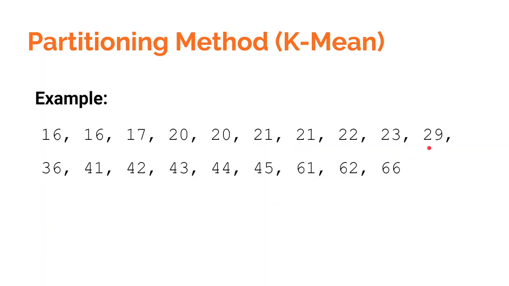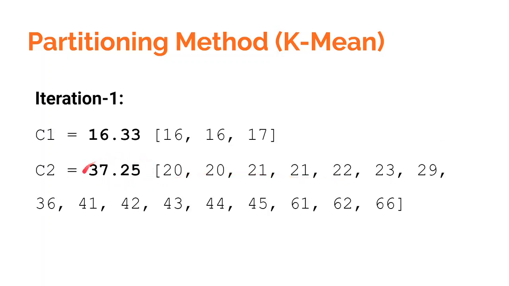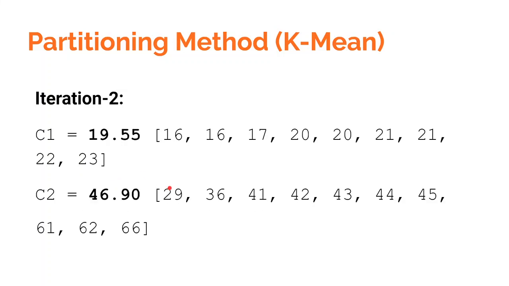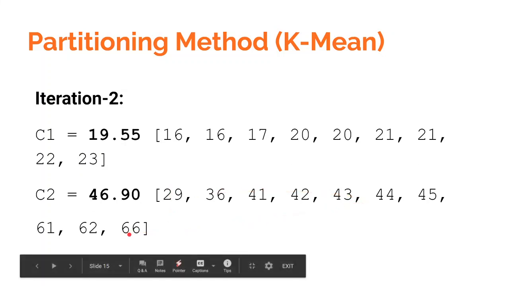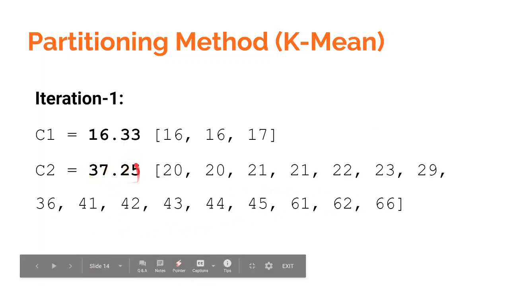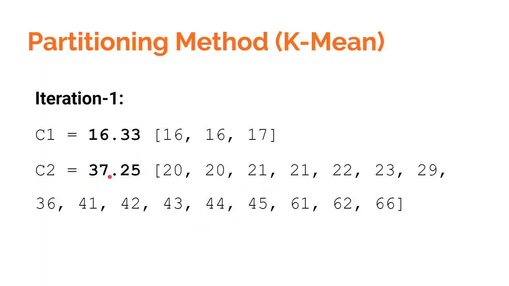Later on, if you see the rest of the values from 29 to 66, you will observe these values are closer to 38, because if you calculate the difference of the 29 to 66 values from 38, you will get a much smaller difference than from the first centroid value.